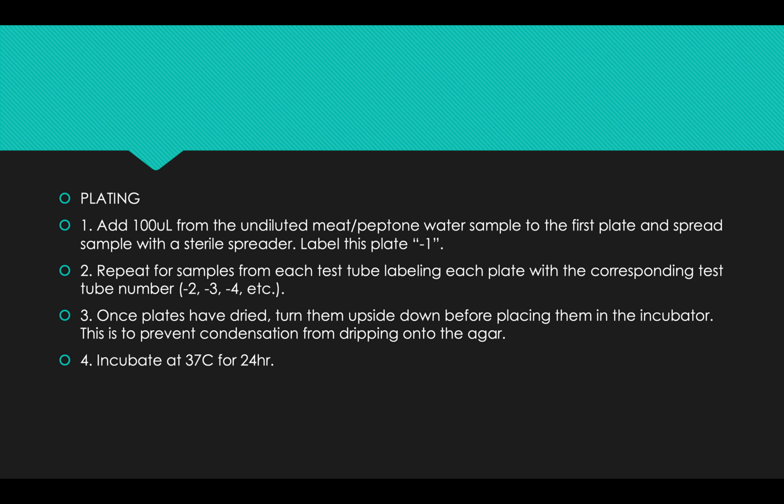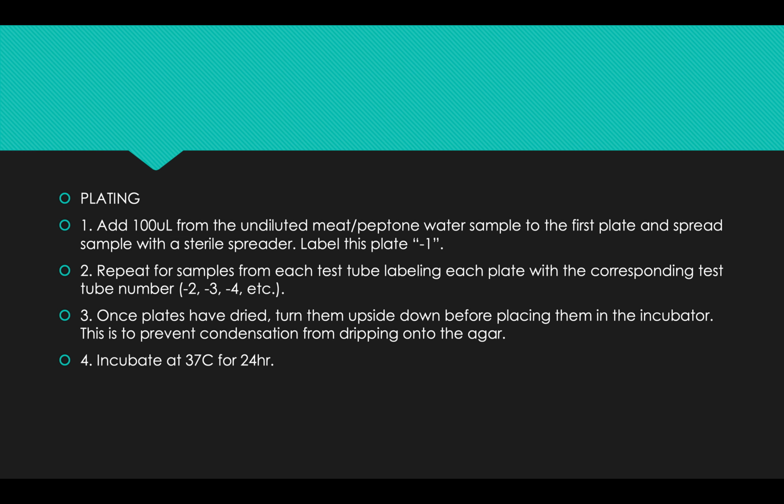Then for plating, add 100 microliters from the undiluted meat and peptone water sample to the first plate and spread the sample with a sterile spreader. Label it as -1. Repeat for the samples from each test tube, labeling each plate with the corresponding test tube number.